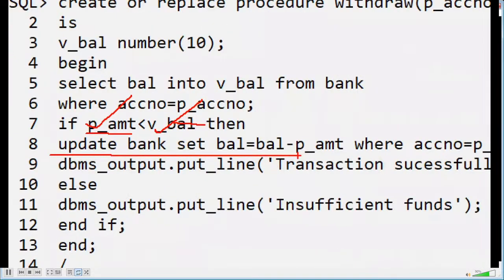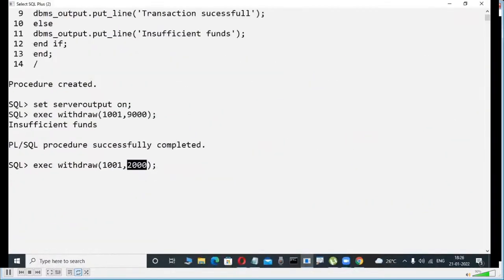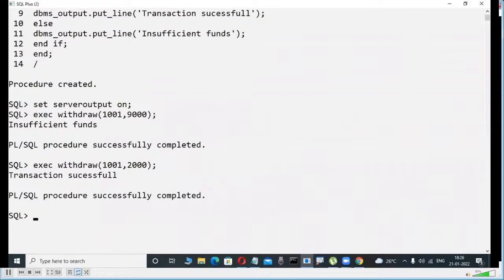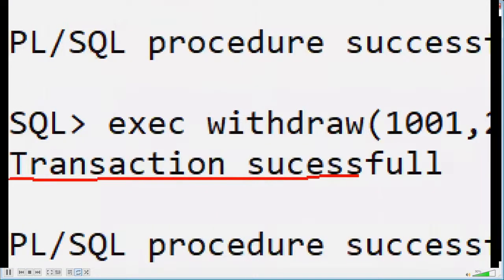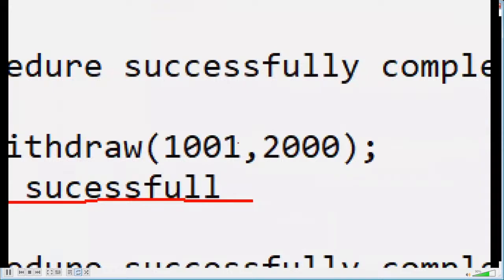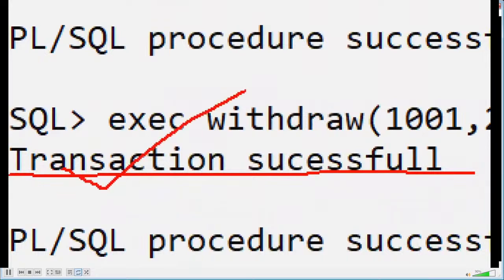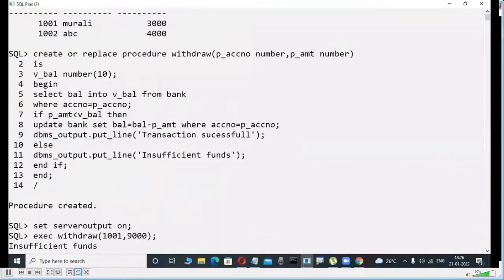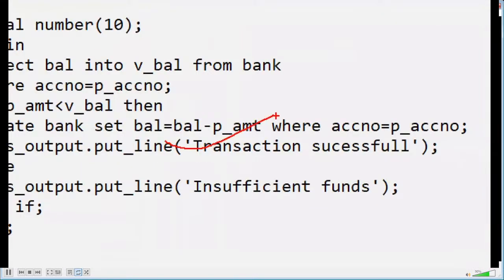Bank updating means modifying it. Transaction is successful. Now, whenever I'm executing, I want it to automatically display transaction successful. You are trying to withdraw 2,000 rupees from 3,000 rupees, maybe possible or not, transaction is successful. How is it possible? Here I'm writing the coding.